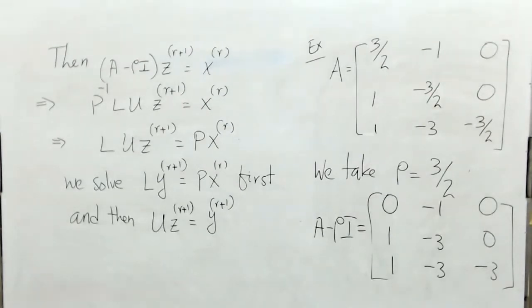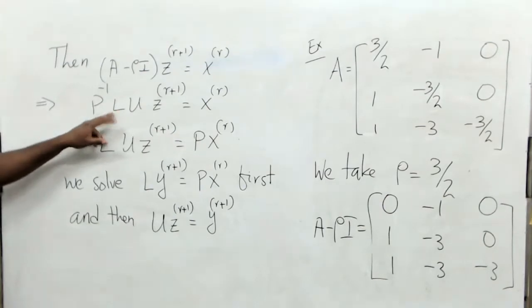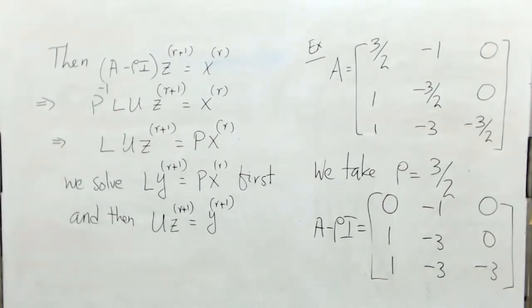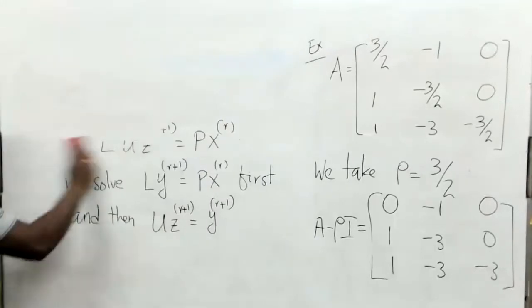Okay, so this is your A minus rho I. After getting A minus rho I, you have to go back to chapter 1. You need to get PA equals LU, so you have to do Gaussian elimination with pivoting. So I will do that.